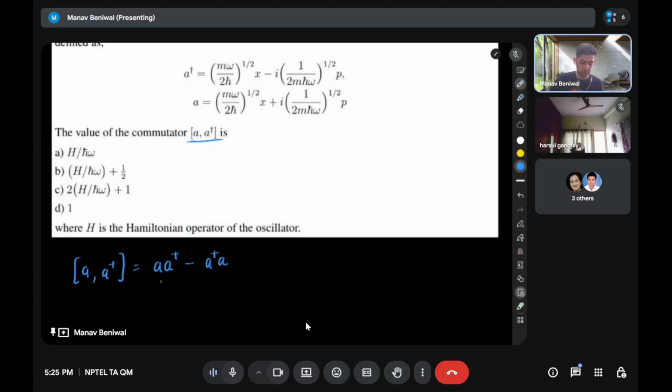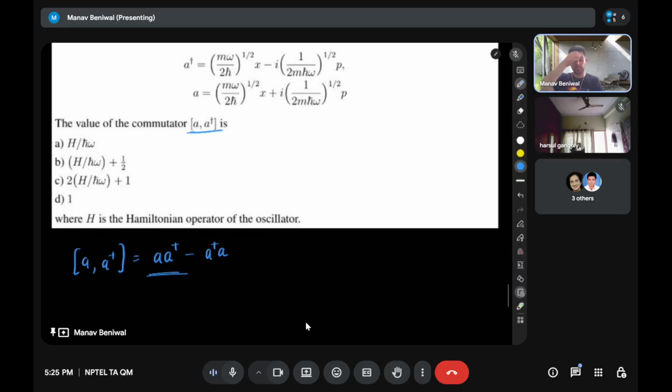Let me focus only on the first term for the time being, a times a dagger, and these two are given to me here in terms of x and p.